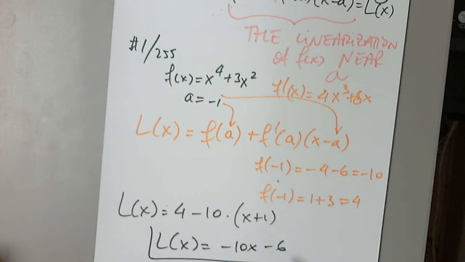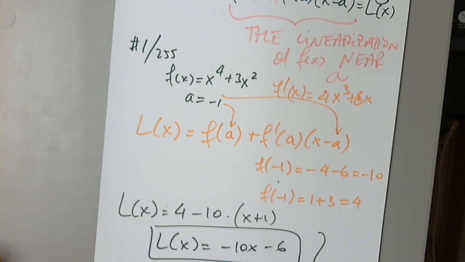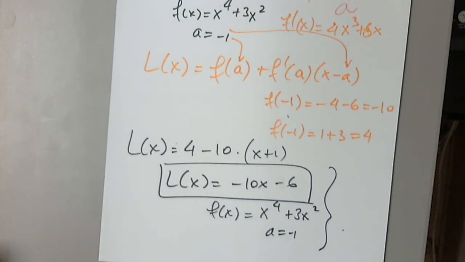So, remember f of x was x to the fourth plus 3x squared, and a is -1. Let's talk about this one more time. What does it mean? It means that if you need to evaluate this function very close to -1, like -0.9, like -1.1, there is no need for you to use this.